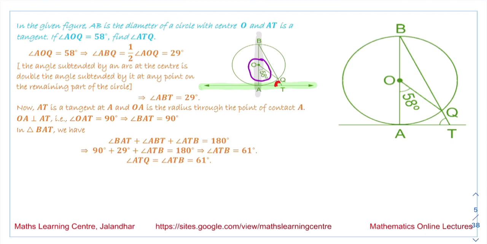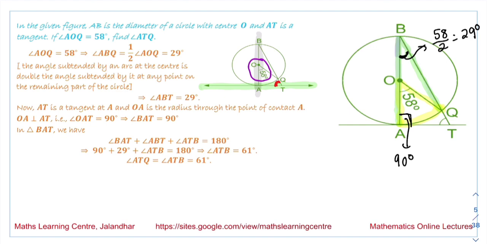Now in this given figure, this angle AOQ is on the arc AQ, and this angle ABQ is also on the arc AQ. So the measure of this angle ABQ will be half of the angle at the center, and that comes out to be 29 degrees. Now this AT is the tangent and OA is the radius, so this angle over here is 90 degree.